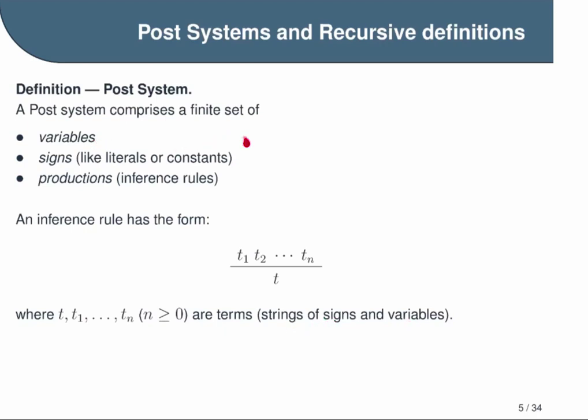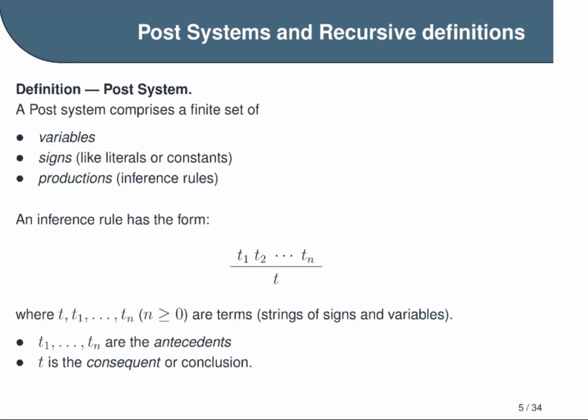So those are the two things we said were in a post system in addition to productions. And we call T1 through Tn the antecedents. So this collection of terms up here, those are our antecedents. And we call T the consequent.